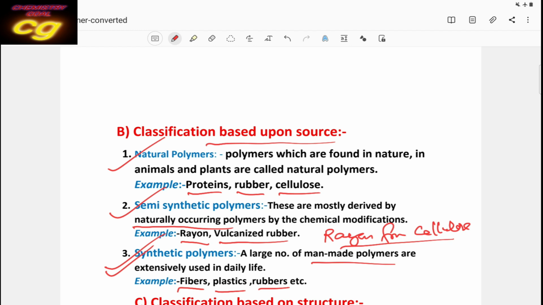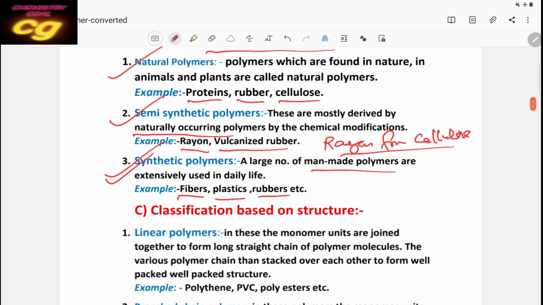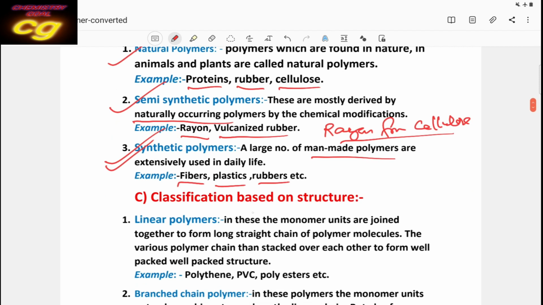All are synthetic polymers prepared from different monomers by different techniques. So these are synthetic polymers, semi-synthetic polymers and natural polymers on the basis of source. Then classification of polymer based on structure.